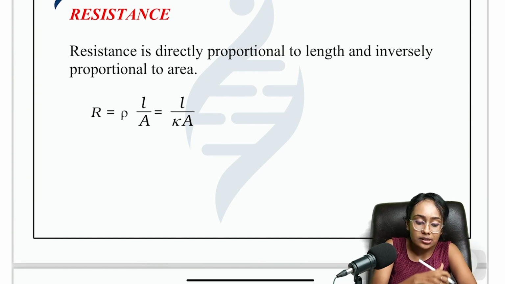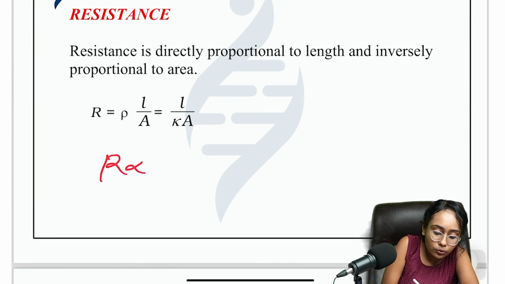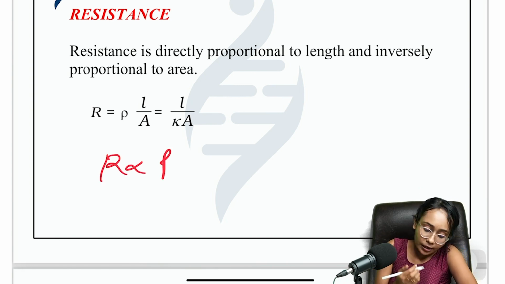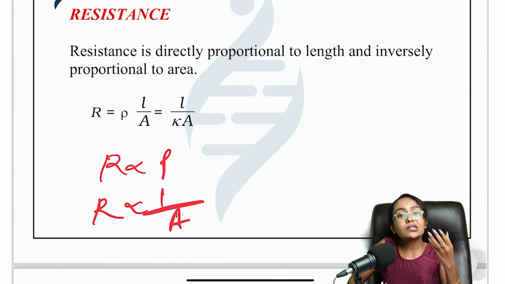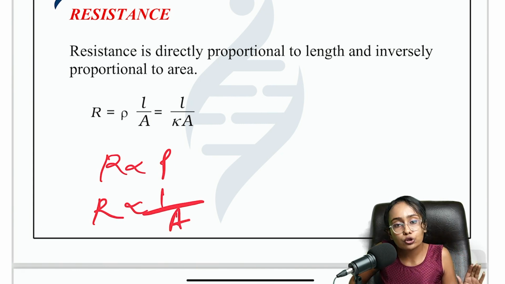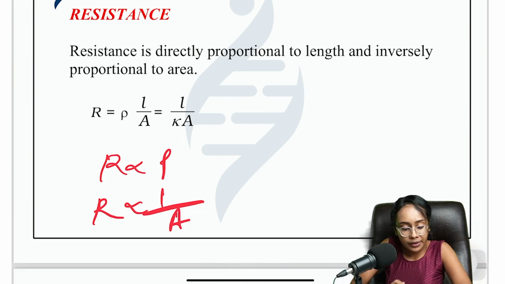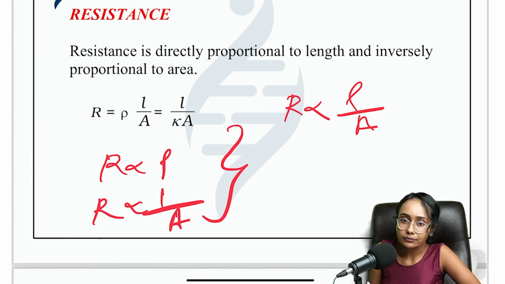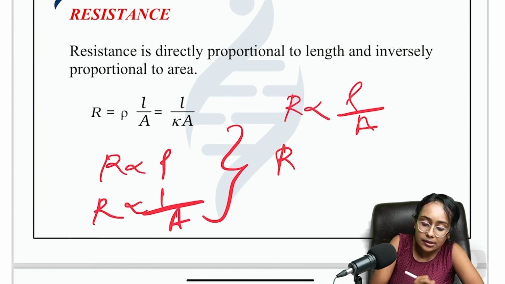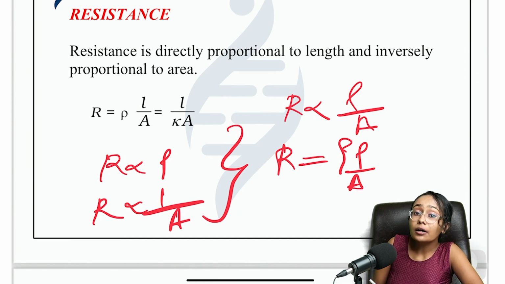So resistance is always directly proportional to the length of the material. It is inversely proportional to the area of cross section, or directly proportional to 1 by area of cross section. Connecting these two, I get resistance is directly proportional to L by A, and resistance equals rho L by A, where rho is a proportionality constant called resistivity.